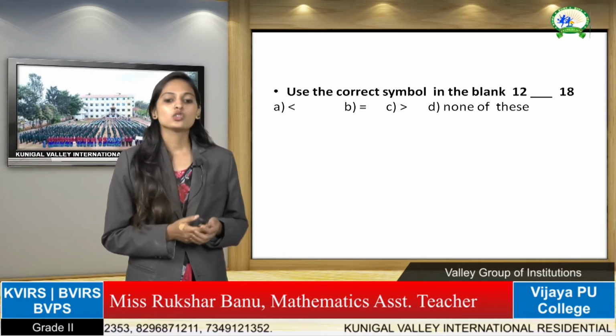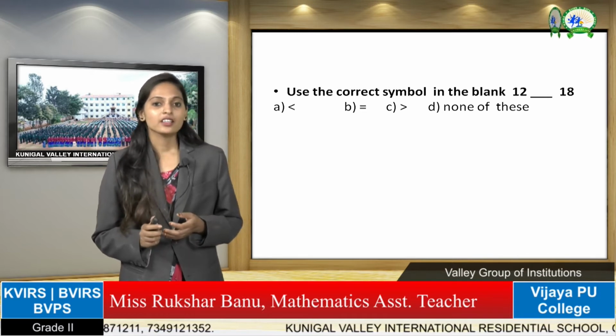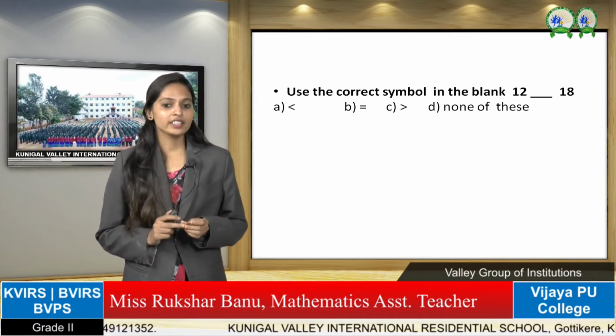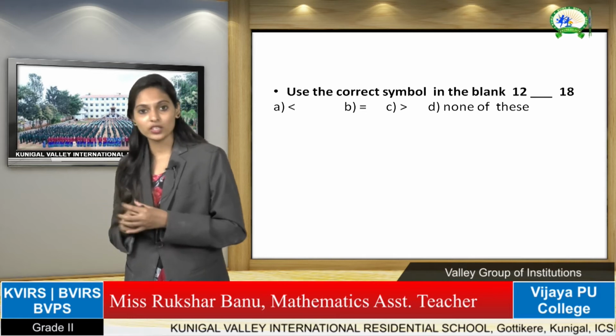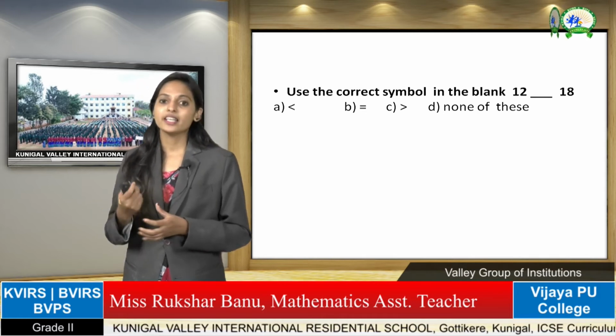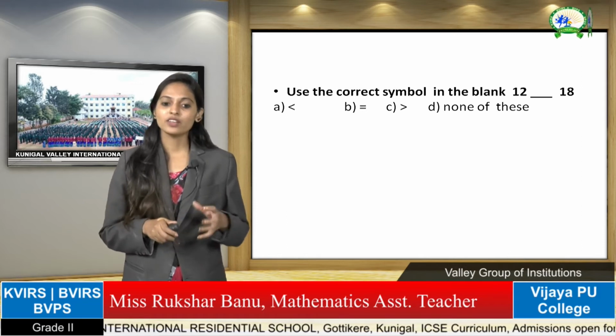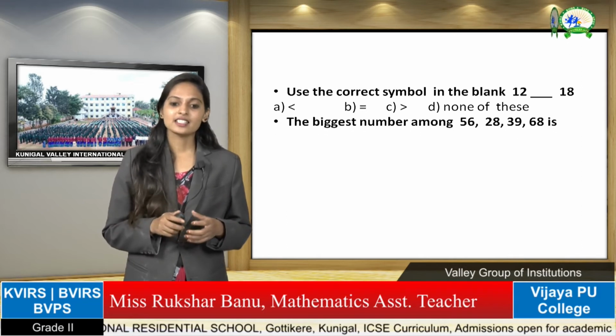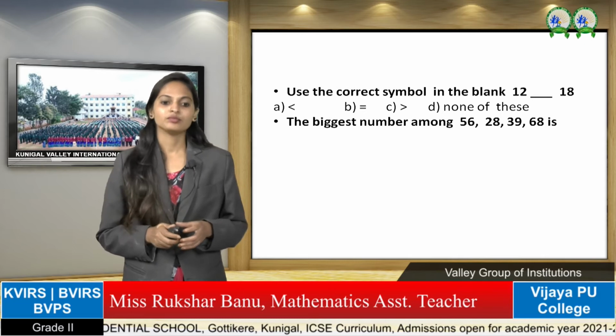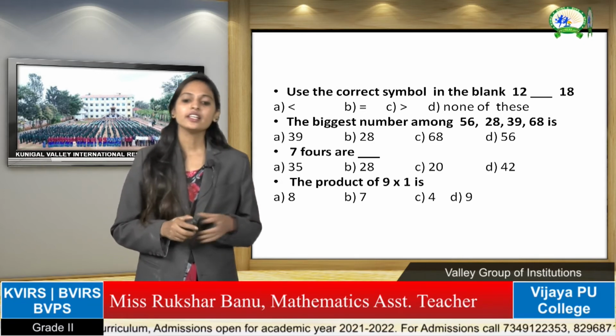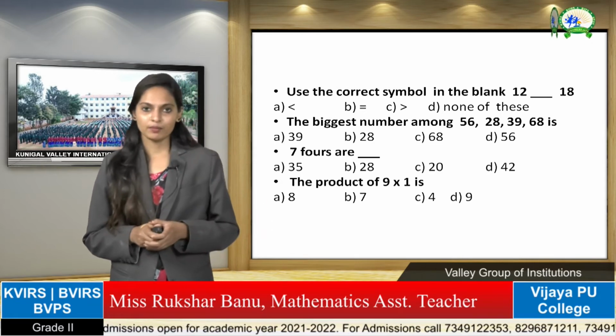So in this, 12 and 18, which is the greater number? 18 is the greater number, so 12 is the lesser number. So the lesser-than symbol you have to write.